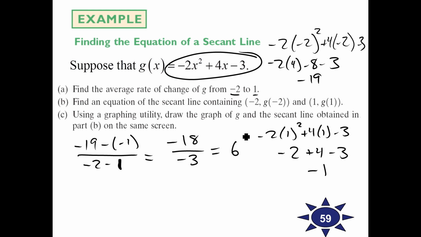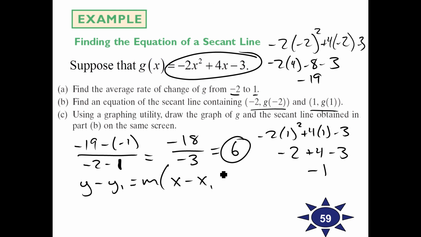All right, so now what are we going to do with that? Let's find the equation of the secant line from here to here. And the way we're going to do that is with our old friend, the point slope, y minus y1 equals m, which we have right here. That's the average rate of change, times x minus x1. All right, so we have two y values, and we can pick either one. Let's go with these values here. They're a little easier to use.